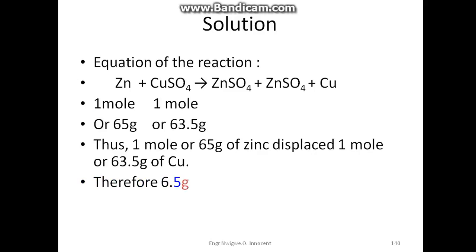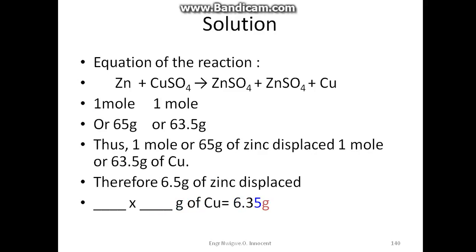Therefore, 6.5 grams of zinc displaces 63.5 divided by 1 times 6.5 divided by 65 grams of copper. This will give us 6.35 grams of copper.